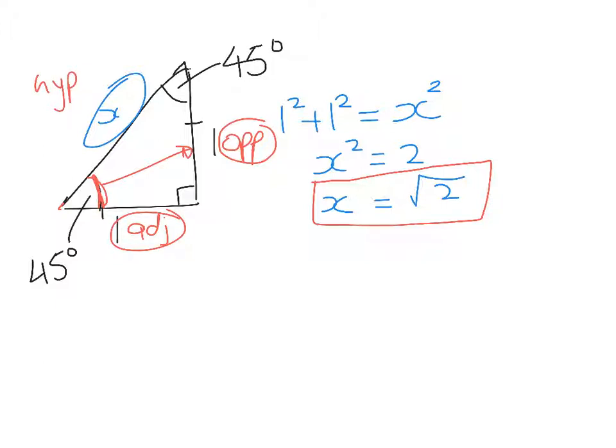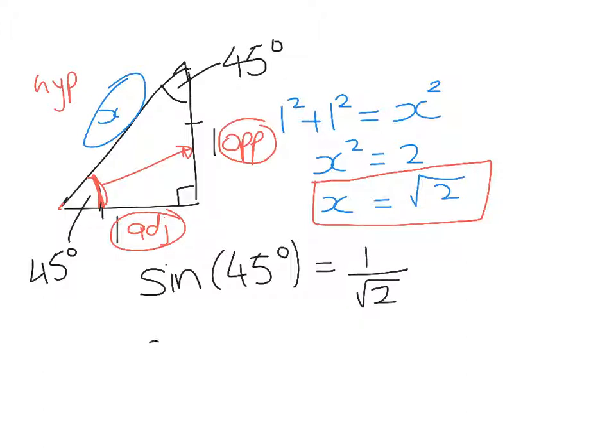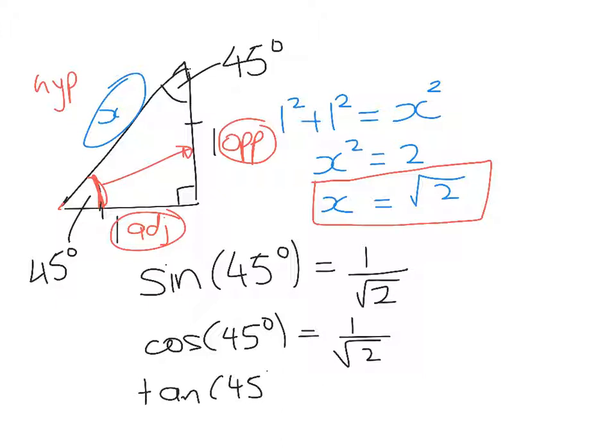Well, we can say sine of 45 degrees is equal to the opposite, 1, over the hypotenuse, root 2. Cos of 45 degrees is equal to 1 over root 2. And tan of 45 degrees is 1 over 1, which is just 1.